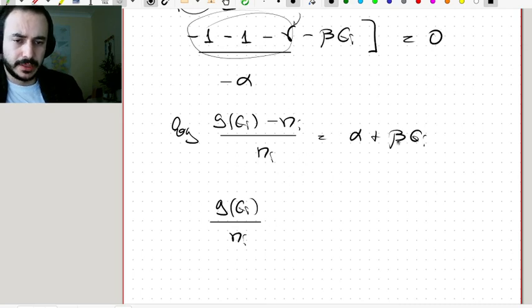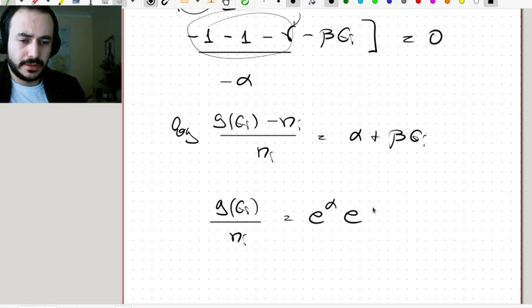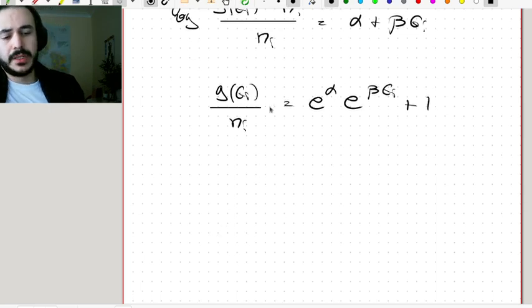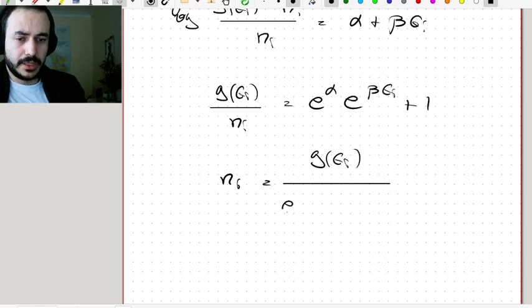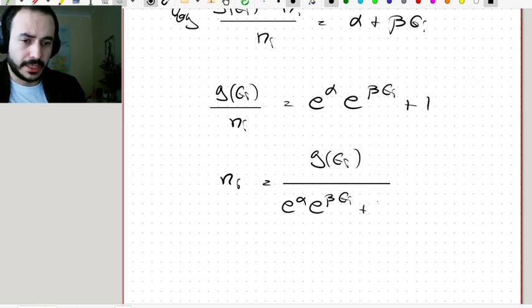I'm going to take that to the other side, so it's e to the alpha, then e to the beta epsilon i plus 1. So when you invert this, you find that the equilibrium occupation in this case is going to be the degeneracy as usual, divided by e to the alpha plus beta epsilon i, plus 1.